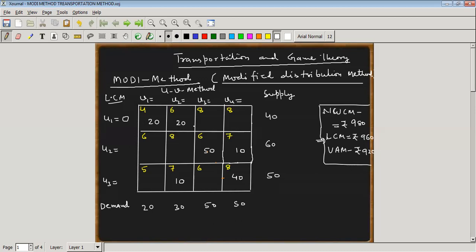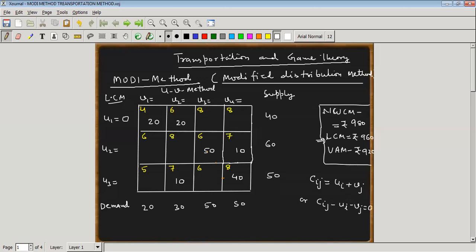Now we look at the first row, where there are two allocations. We have to keep in mind that Cij equals Ui plus Vj, or Cij minus Ui minus Vj equals 0.